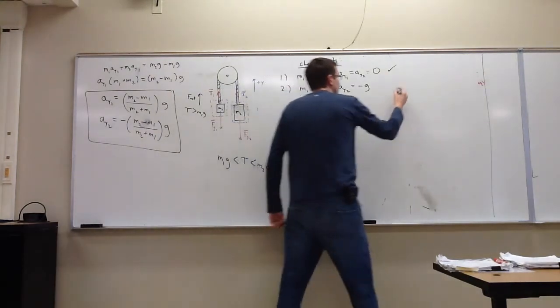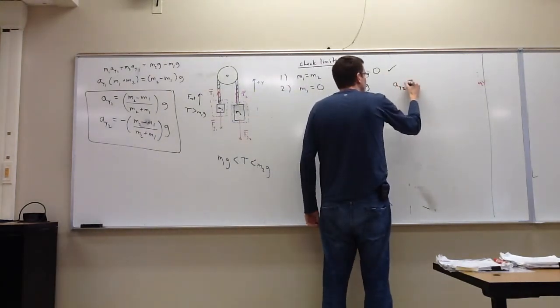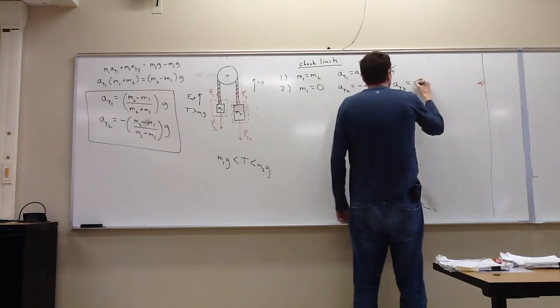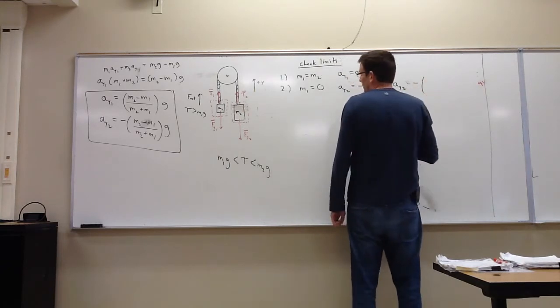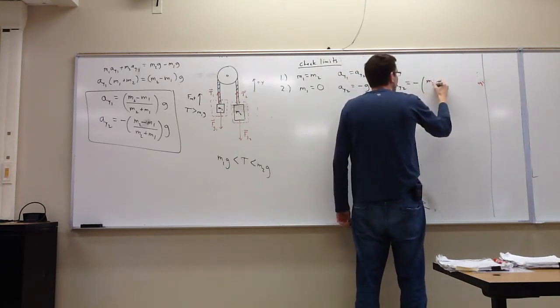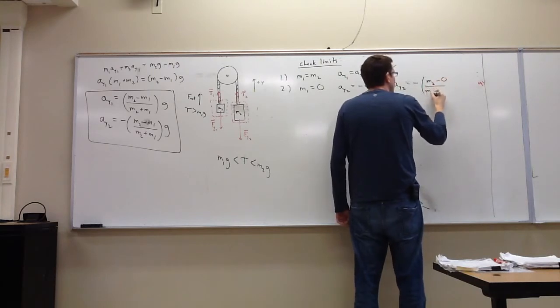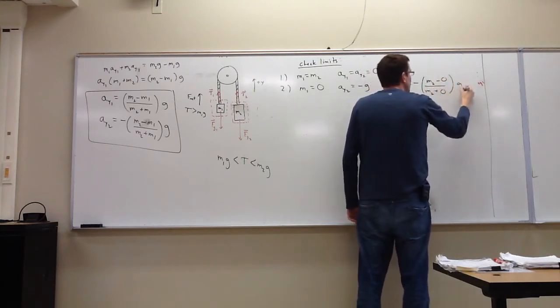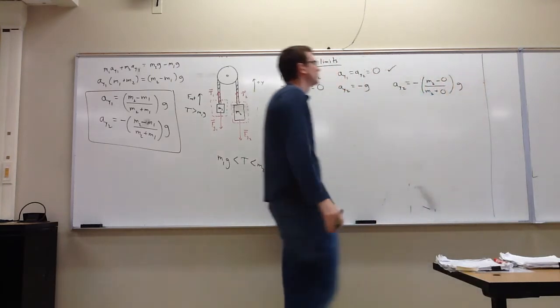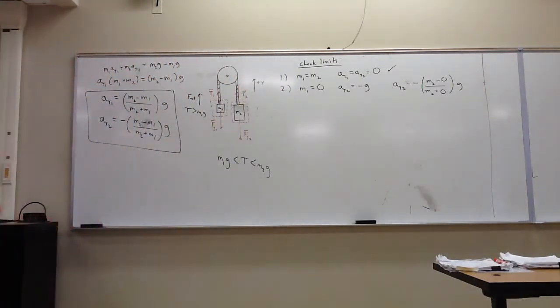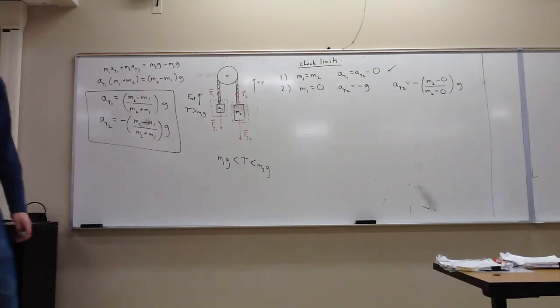So I take my expression for ay2 with a negative in the front, and I put in that mass 1 is 0. What's that quantity in parentheses now? It's 1.